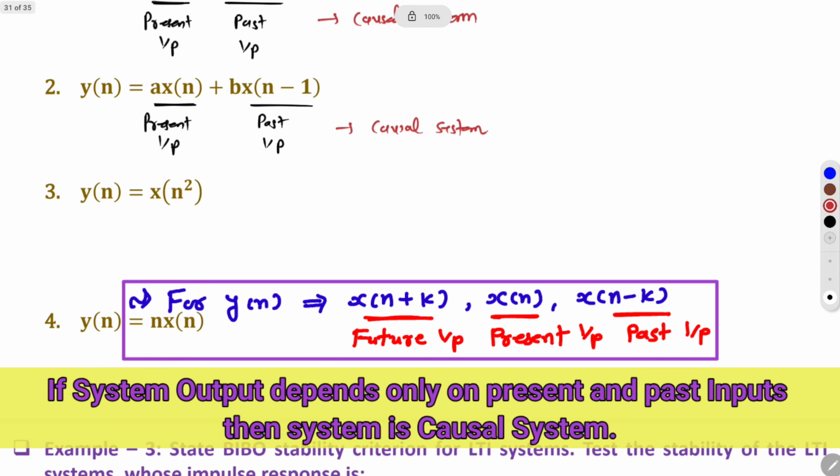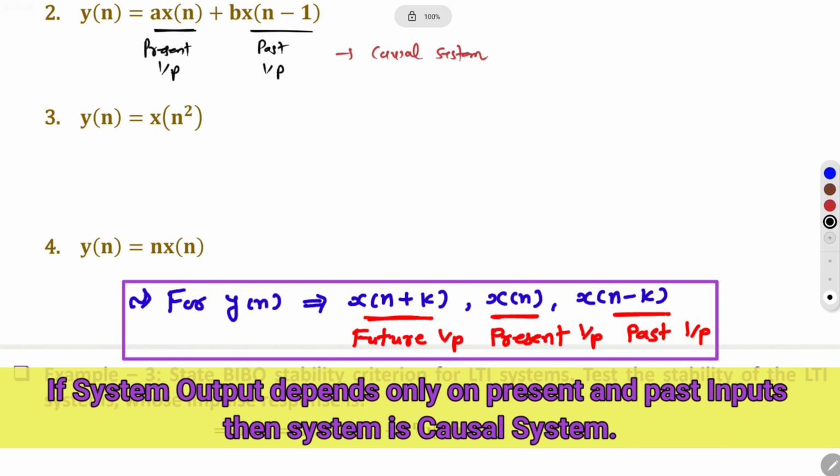Now let me check the third system. See here in the third system, we need to understand what our output is. Like you see, if you consider n is equal to 2, then you will get y of 2, and that will be x of 4. Here n square, that will be x of 4 over here. So if you observe y of 2, that is current output, so current input should be x of 2.